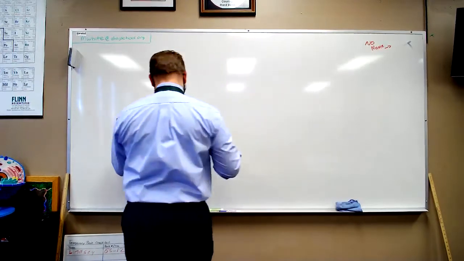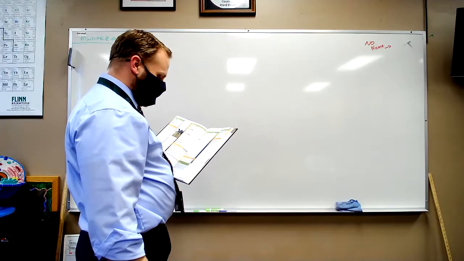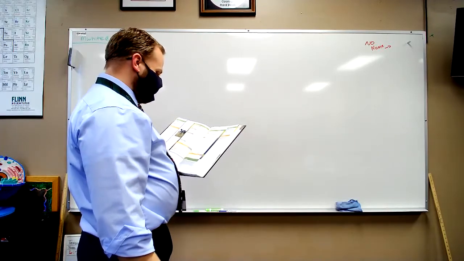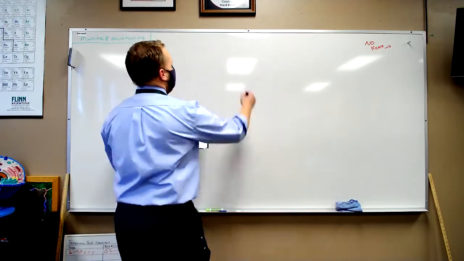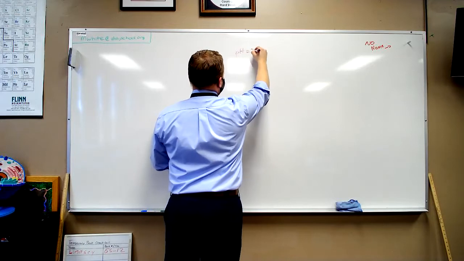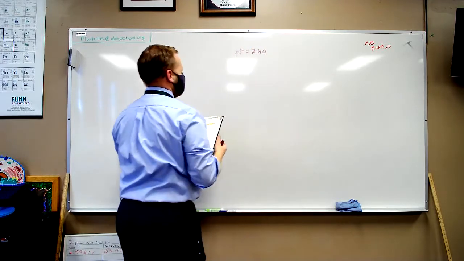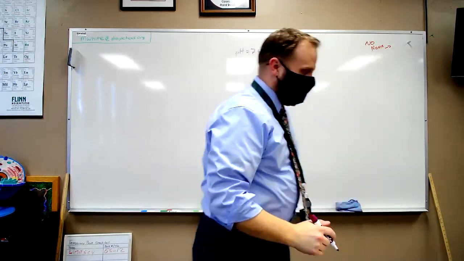It says, what are the hydrogen ion and hydroxide ion concentrations in a healthy person's blood that has a pH of 7.40? Okay, so it tells us pH equals 7.40. So we want to know the concentration.